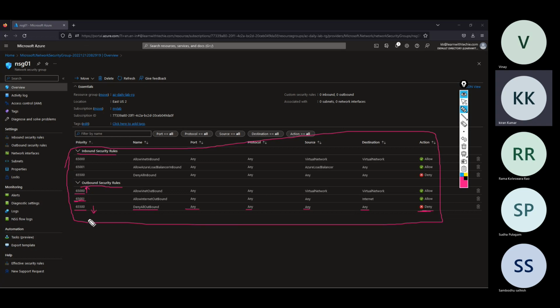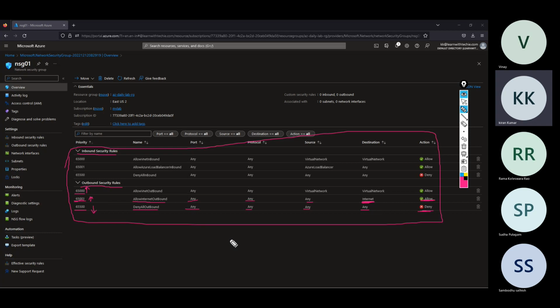But as an override, one more rule is created here, called 65,001, Allow Internet Outbound. Any port number, any protocol, any source, and the destination is the internet. From that virtual machine, this is allowing traffic over the internet.